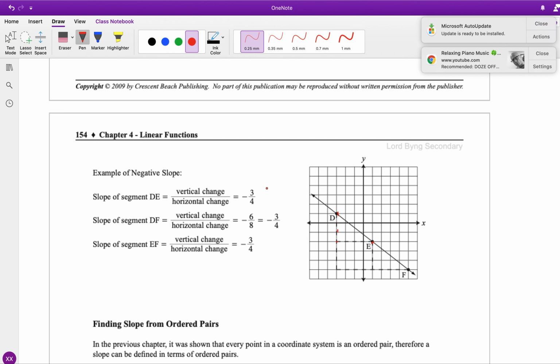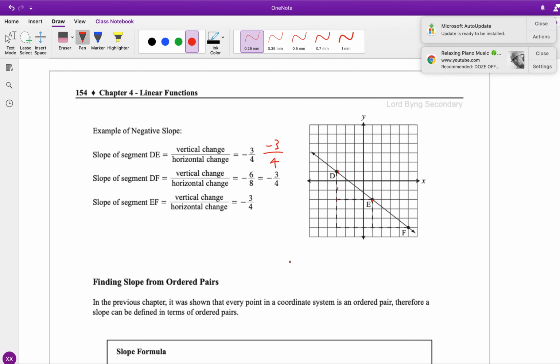So it is a negative 3 for my rise, and then I went right, which is positive 4 for my run. Therefore your slope is negative 3 over 4. All right.